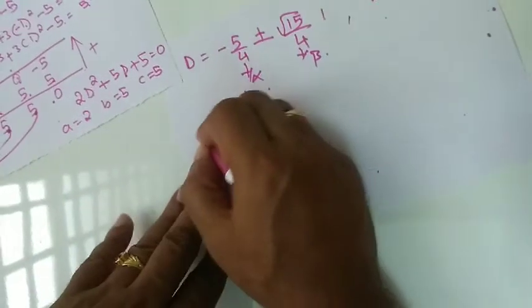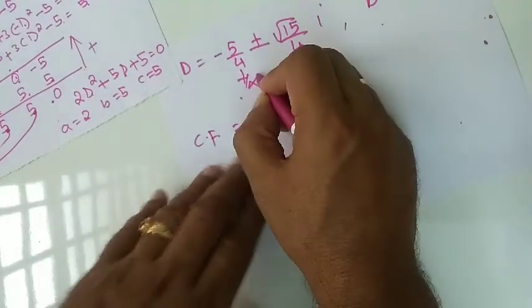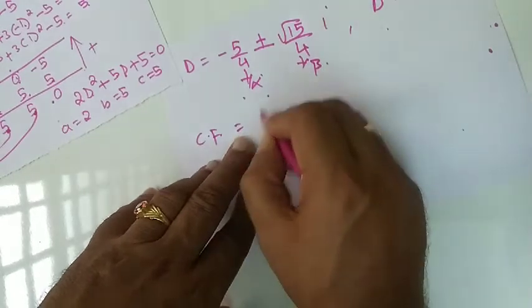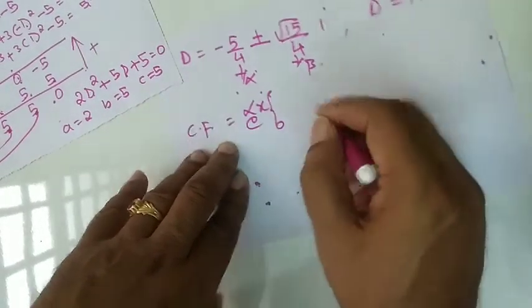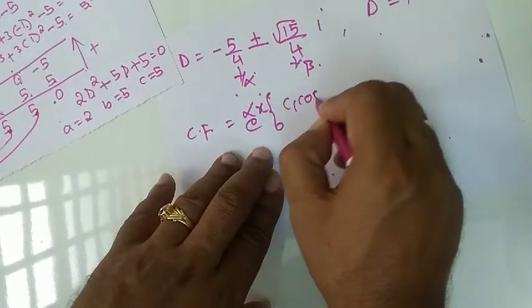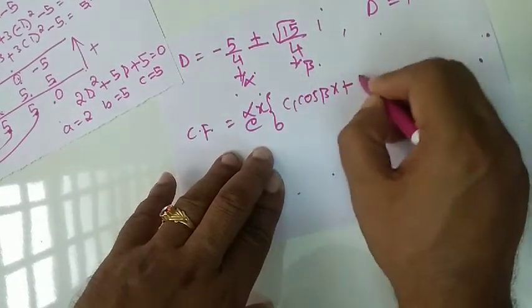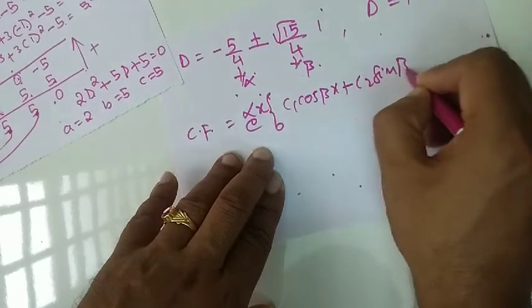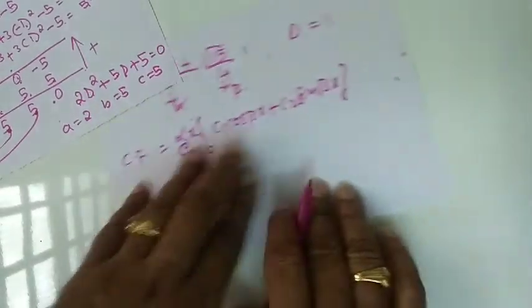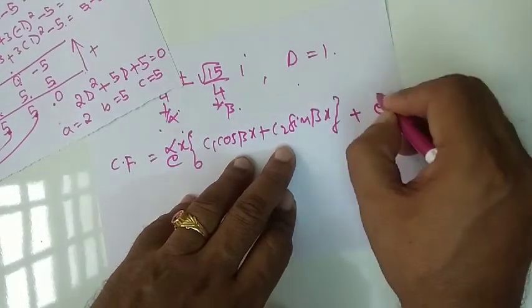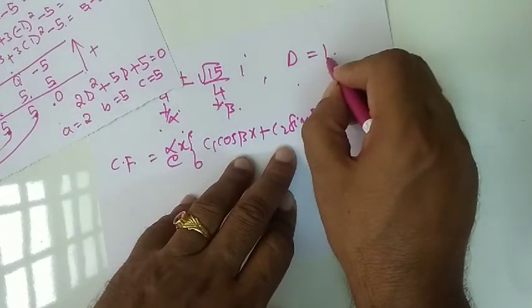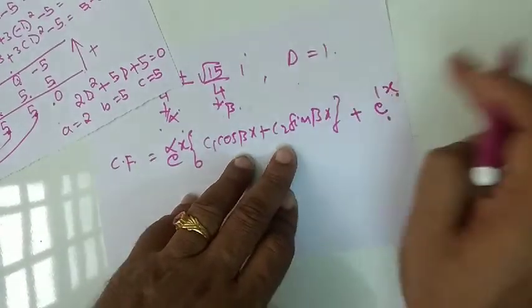So to write the complementary function corresponding to these complex roots, you know, for that what is the formula? e to the power alpha x into C1 cos beta x plus C2 sin beta x. This is the formula. For the other root, e to the power m1 x, where m1 is 1, this root is different from this, e to the power 1 into x.